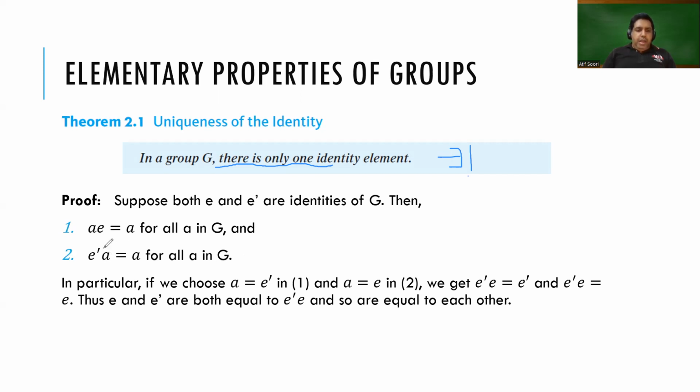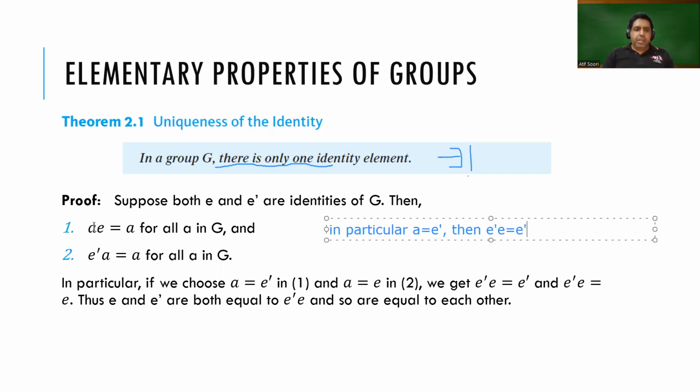Now, if I take these two equations, as the first equation holds for every element A in the group, in particular I can take A equal to E prime. Then this equation becomes E prime E is equal to E prime.